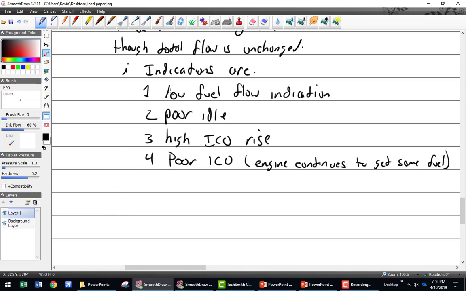All right, so we were talking about flow through the total flow, which is unchanged. And that brings me to point number 3, which is on turbocharged engines.